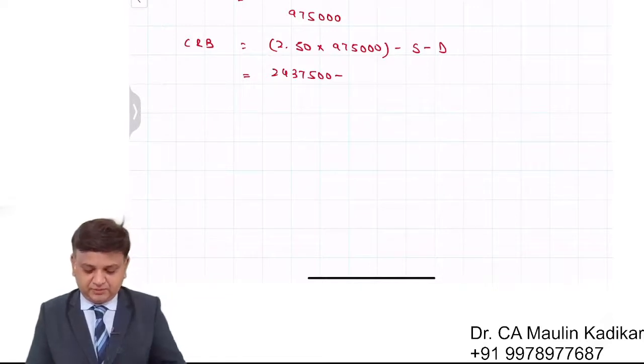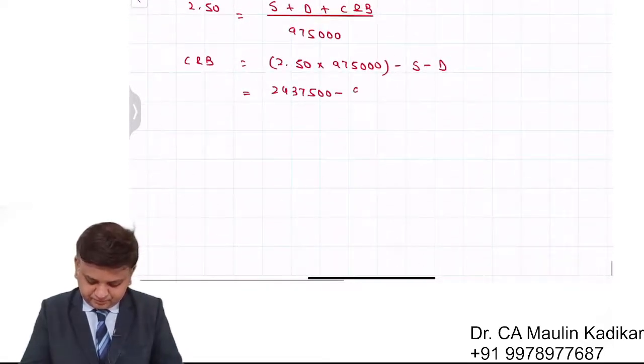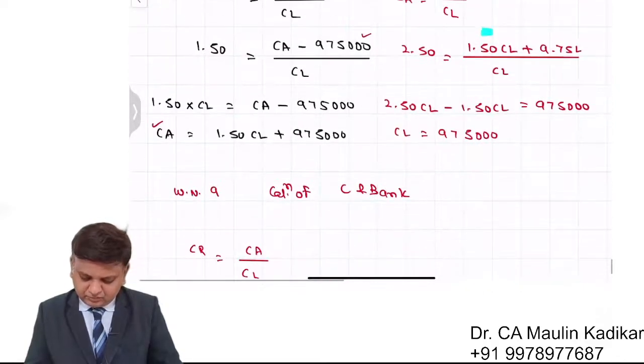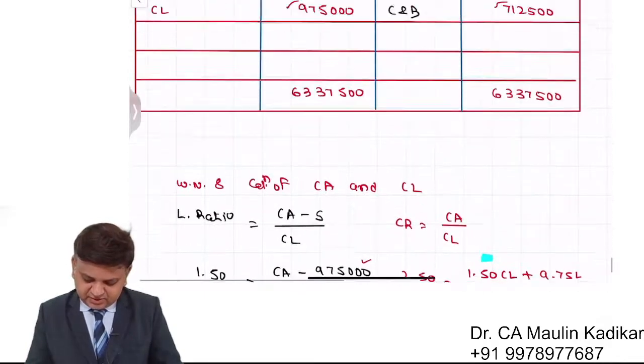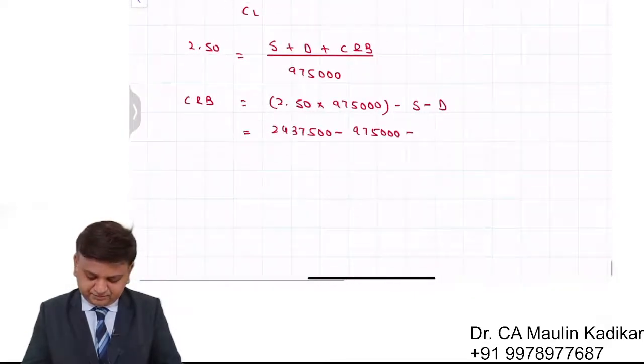Minus stock. Amount of stock is 9,75,000. Minus the amount of the debtors. It is 7,50,000.